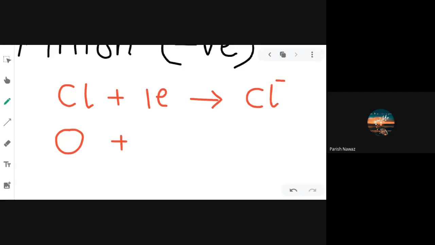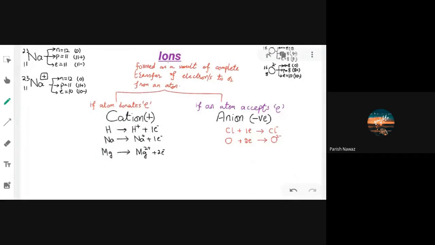Oxygen has 6 electrons in its outermost shell. It needs 2 electrons so that the number of electrons in its outermost shell will be 8 and it will become stable. So it will accept 2 electrons from some metals, and that is why it has 2 negative charge on it. So this is how we will differentiate between cations and anions.